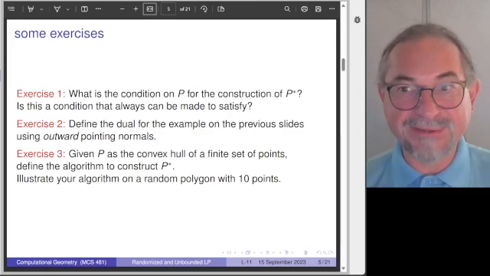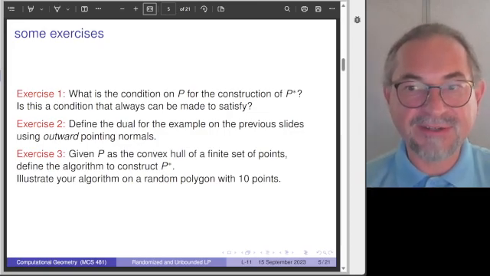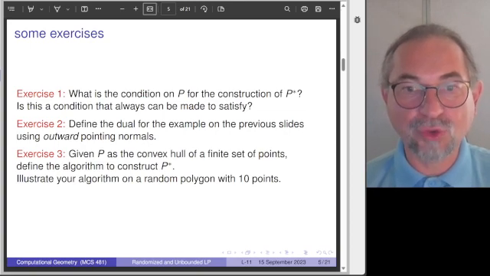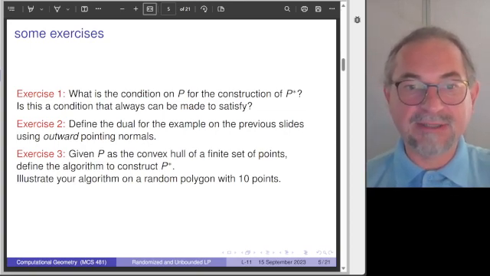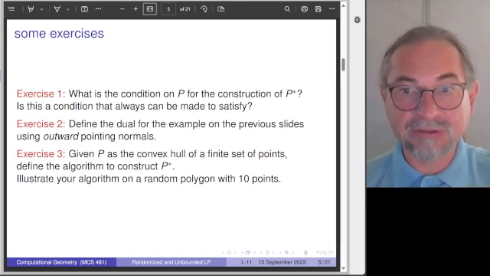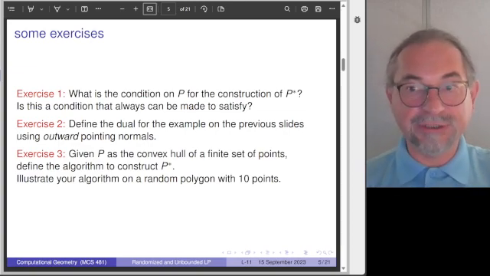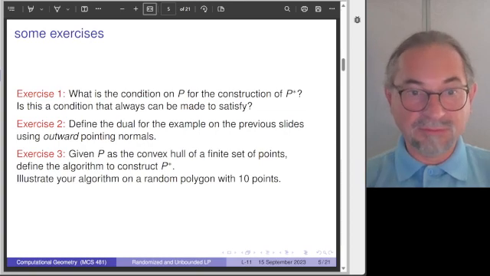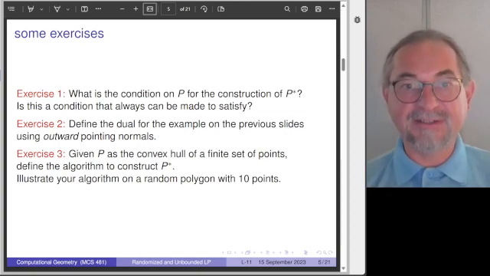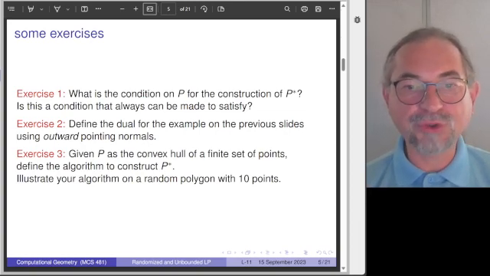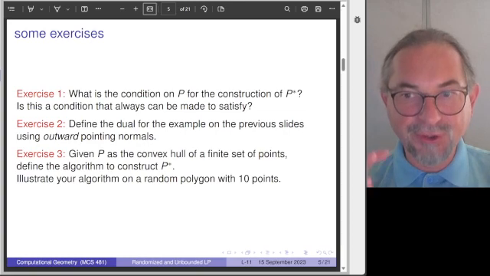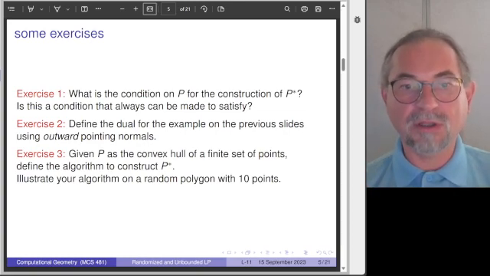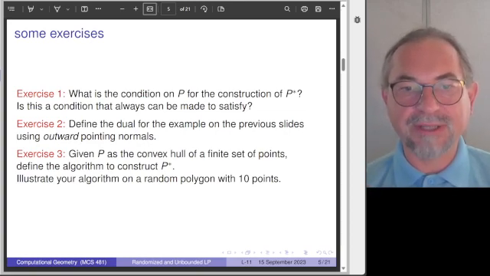And then in some sense this is also a computer science class. In the previous lecture, Jupyter notebooks were posted that actually constructed the equations and drew the vectors with matplotlib. Extend the Jupyter notebook that is posted and construct the dual of a random polygon with 10 points.